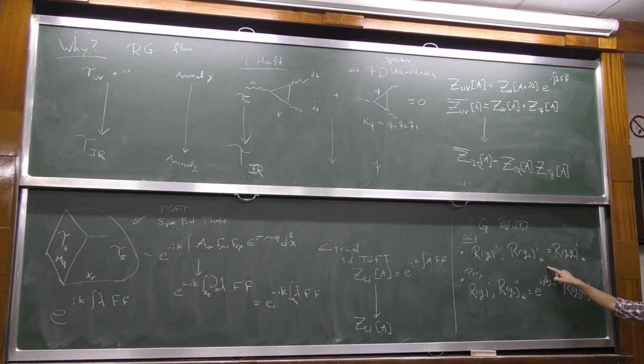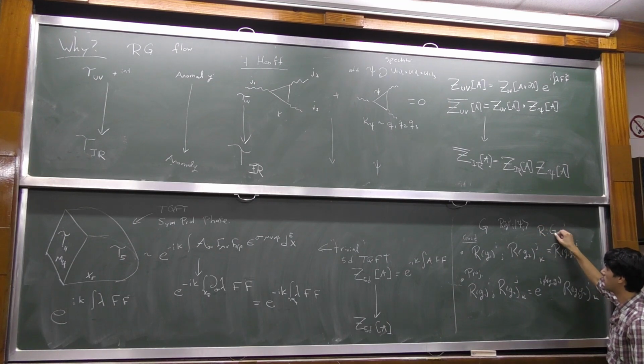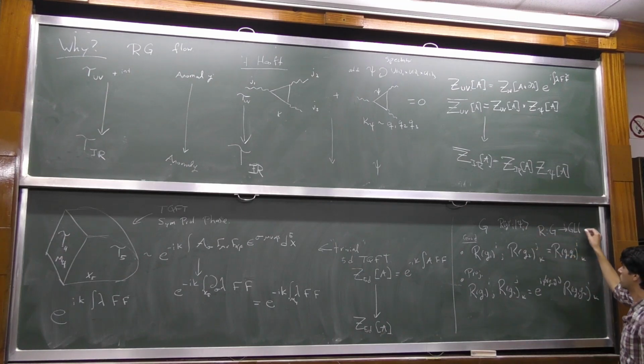So a representation R is a map from G, the group, into the space of matrices acting on this space. We'll just call it V, or I guess we'll call it H. Let's call it H. That's nice. So this is what a good representation is. Matrices multiply. They obey this sort of thing.